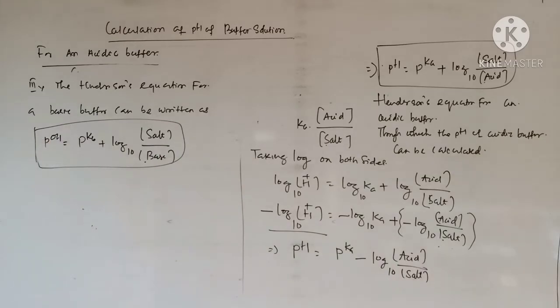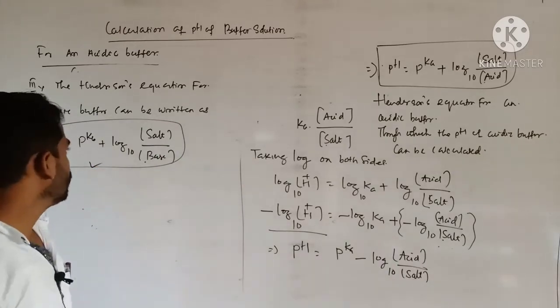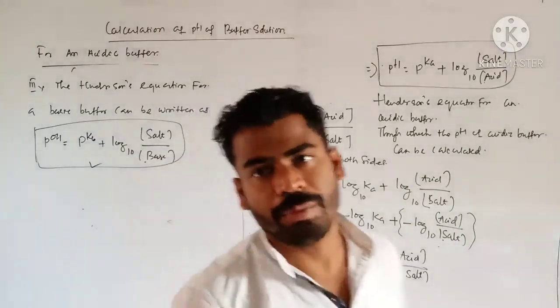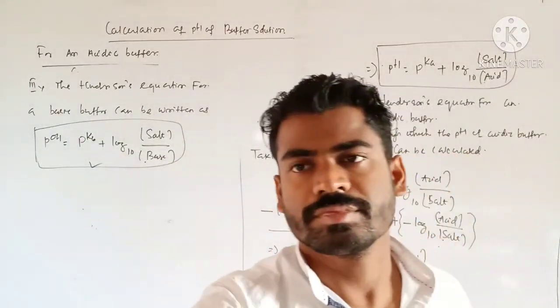That clear? So this is the Henderson equation for a basic buffer. Clear? Next, buffer capacity.